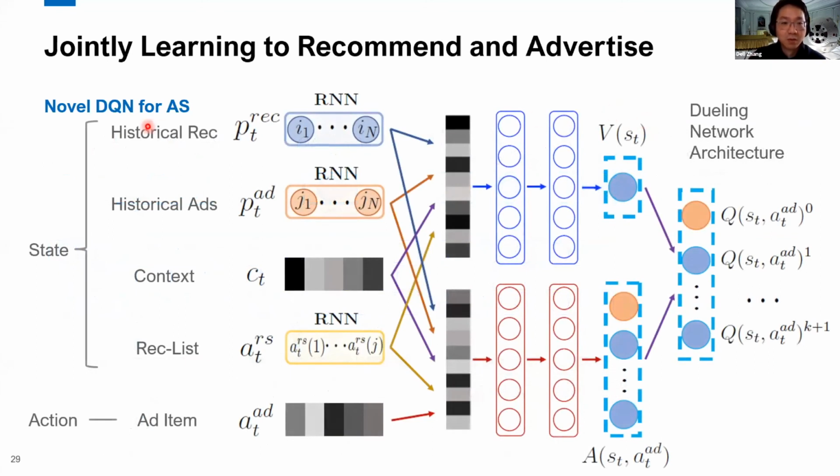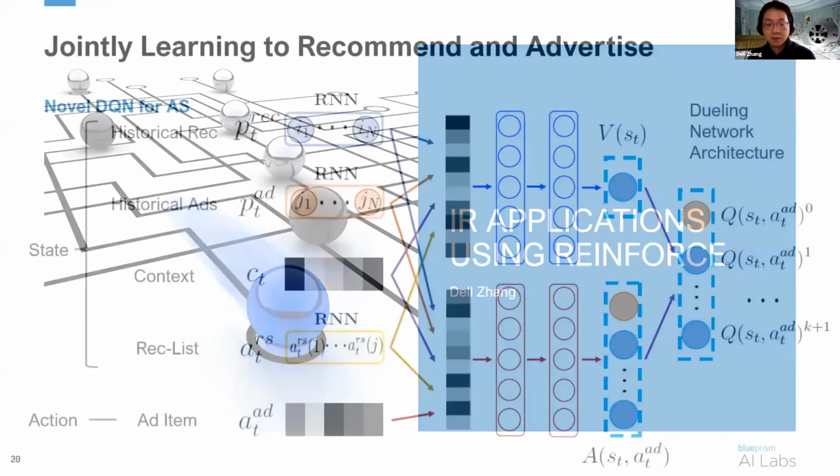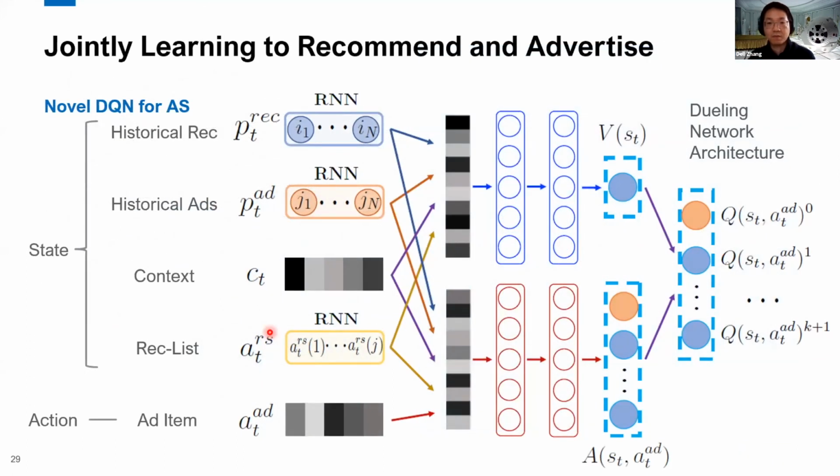The state for the advertising DQN would necessarily include the list of recommendations from the previous DQN for recommendation. So this is a two-level DQN: the first level for recommendation and the second level for advertising. Right, so that's the typical work in recent years for recommender systems using DQN.